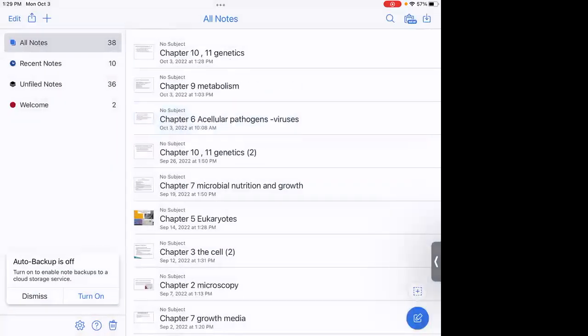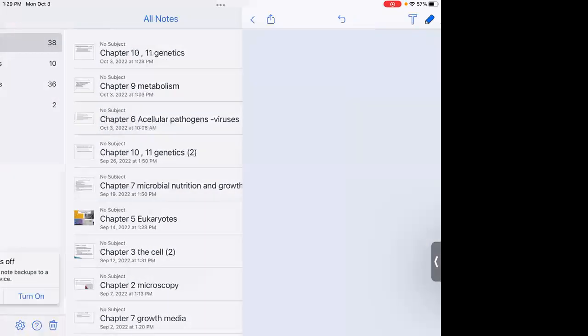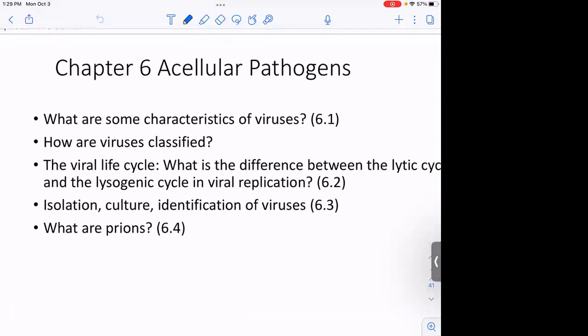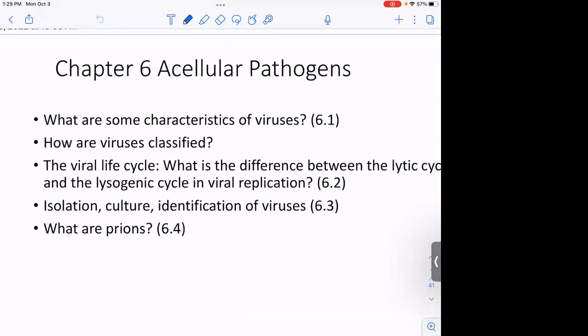All right, let's move on to a topic that maybe is a little bit more straightforward, and I know for me a little bit more interesting, but we're going to start our chapter today on viruses. Okay, so acellular pathogens, mostly we think about viruses.